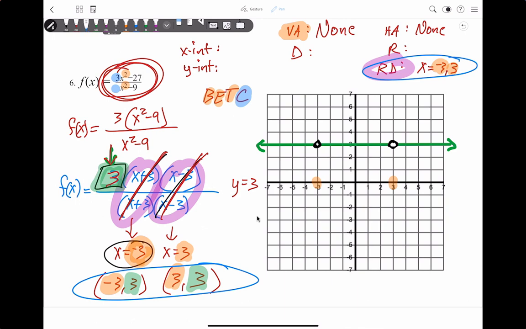And then the domain. The domain is just looking everywhere where the bottom is not equal to 0. We know the bottom is equal to 0 here at -3 and 3, as we showed here and here. That means x's that are not equal to -3 or 3, that's our domain.